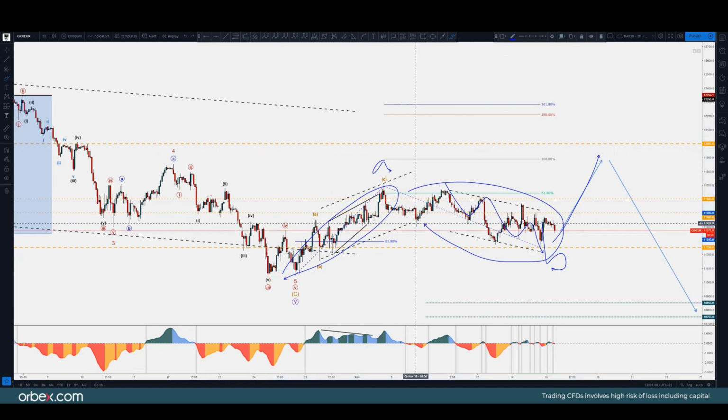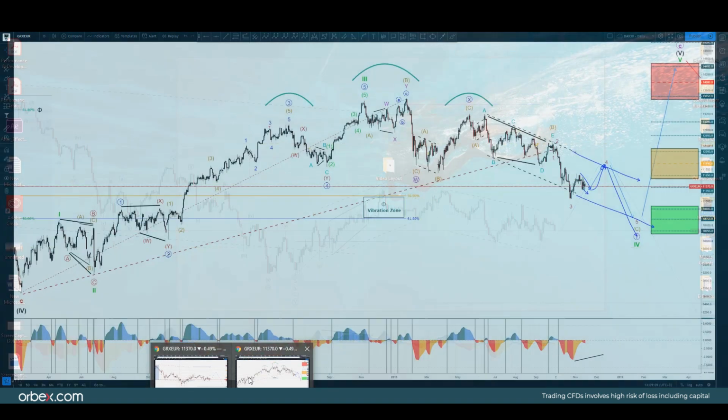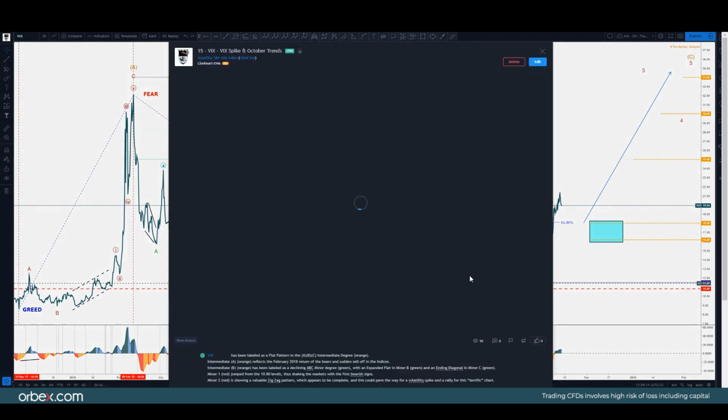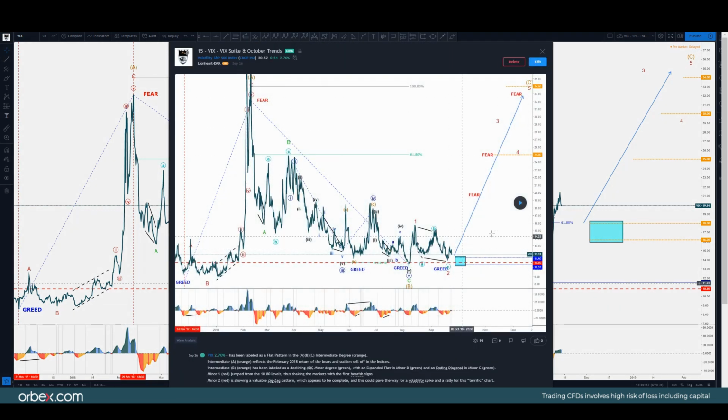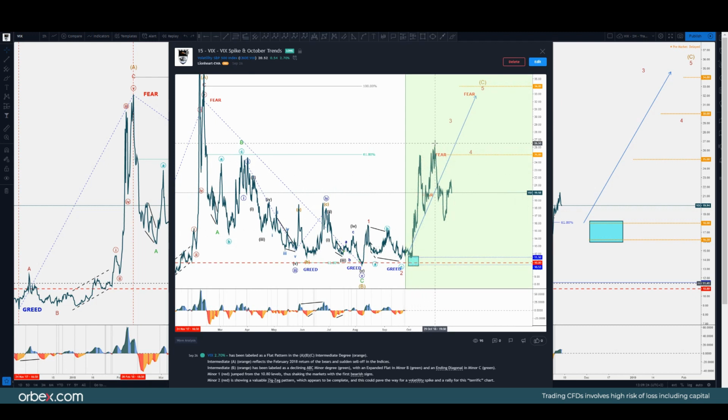So the sell-off might not just be over, and the reason why I'm saying that is because if I take a look at the VIX, the volatility index. Remember in late September 2018, I said that the VIX could be spiking once more, and that's basically what happened, right?